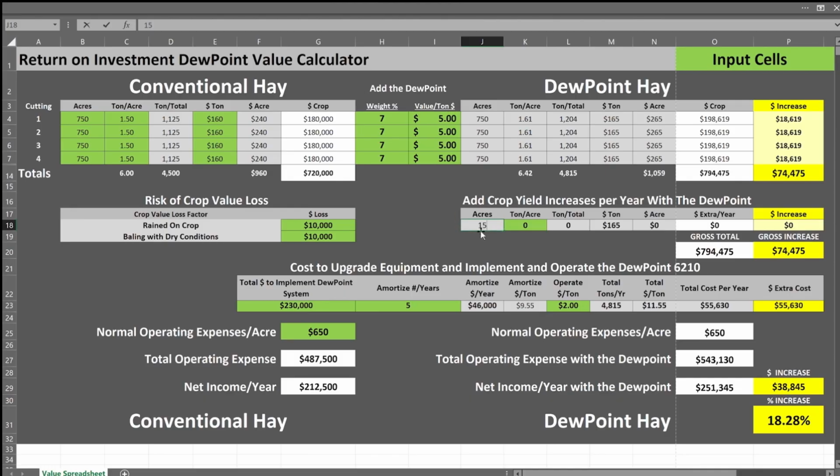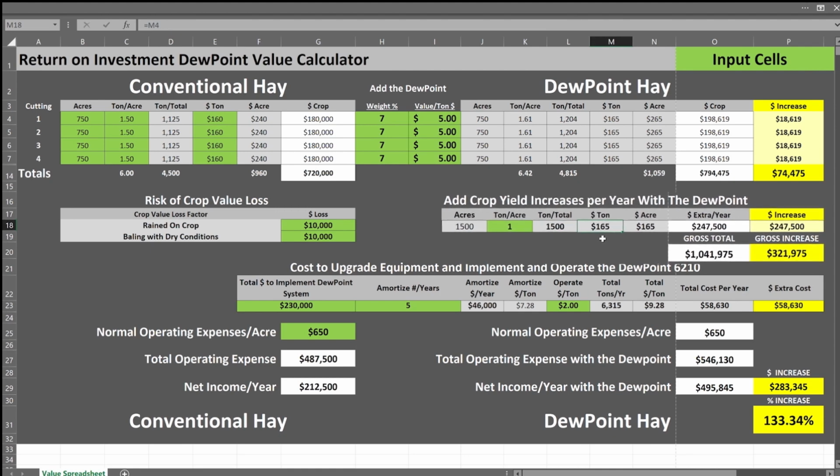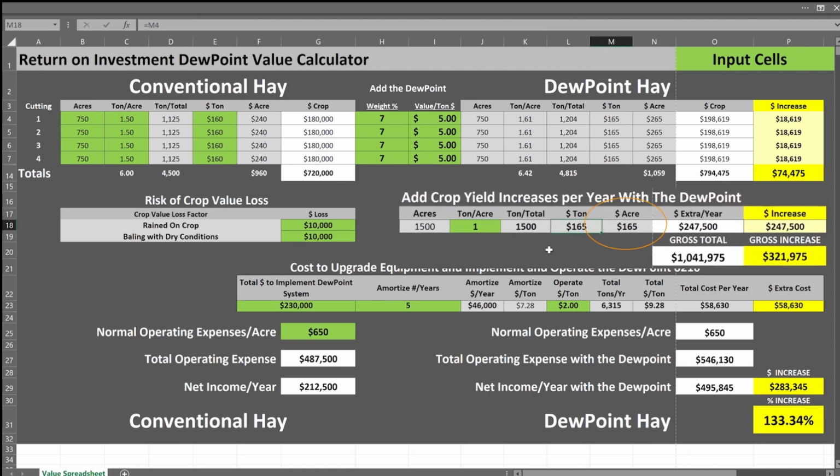What the farmer actually said to me was, look, we're a 1,500 acre hay farm, and we gained an entire cutting. That's 1 ton. That was about the average of the cutting, was 1 ton. And their average hay price was, again, about the same, this $165. That was a bottom line net increase on just this factor alone of $247,500.